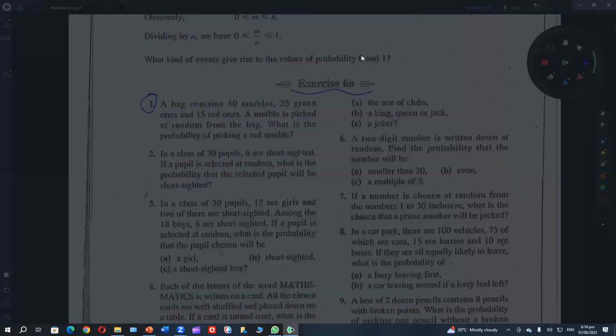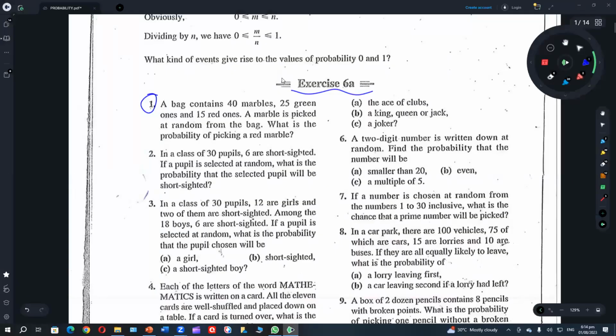A bag contains 40 marbles: 25 green ones and 15 red ones. A marble is picked at random from the bag. What is the probability of taking a red marble?